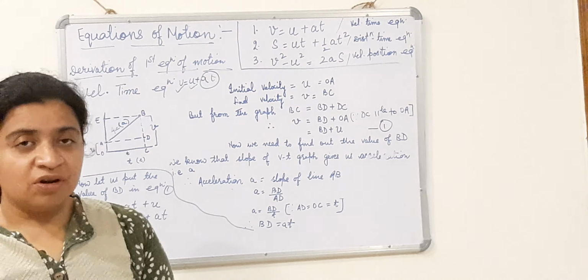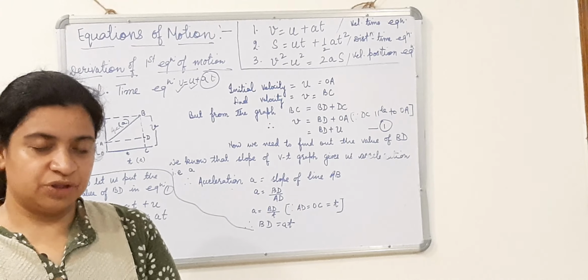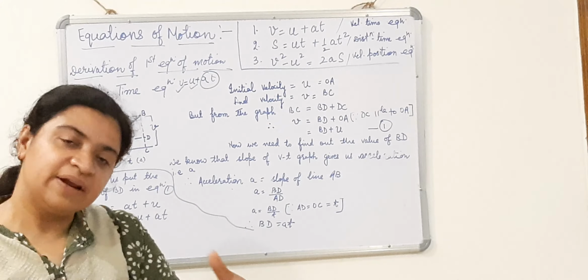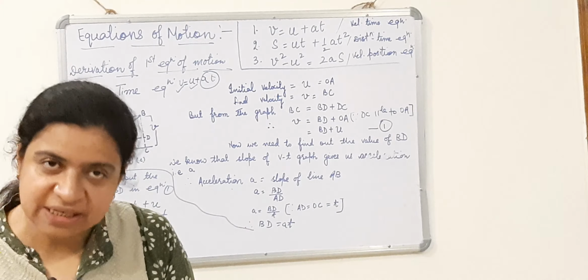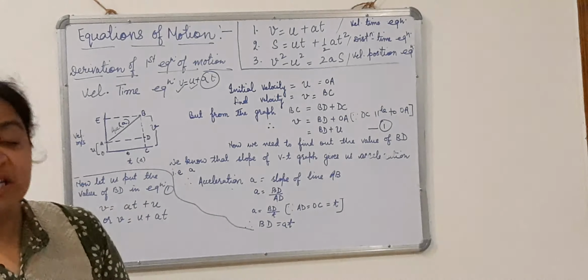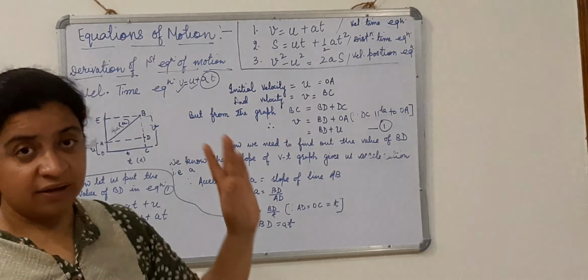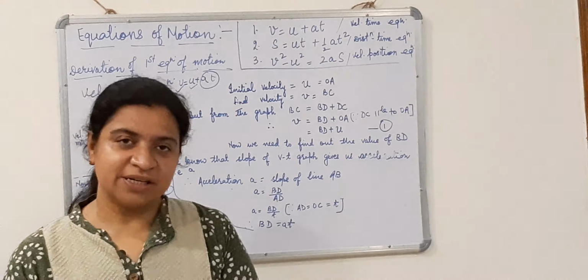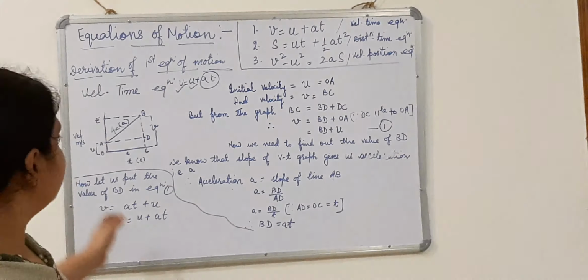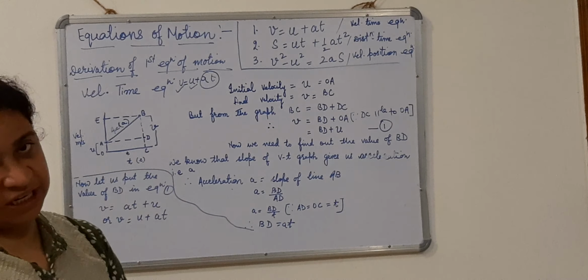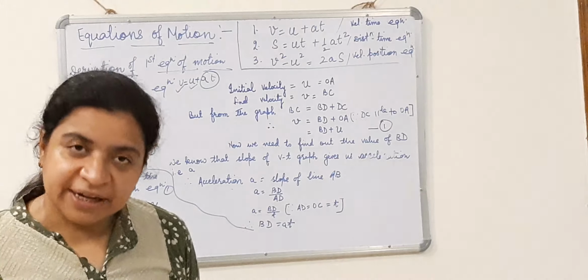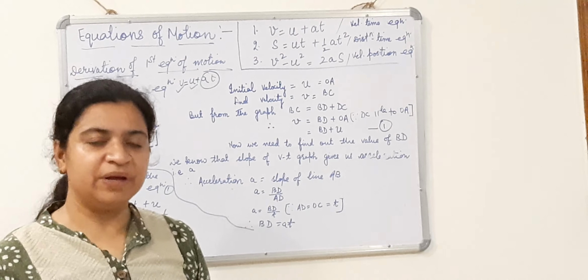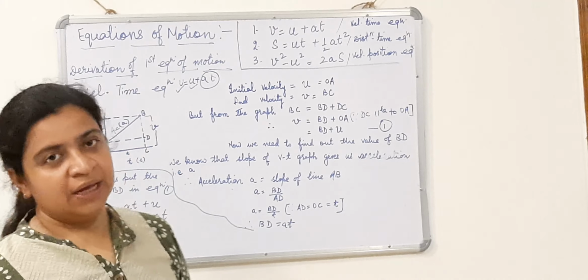Children, first of all, to derive the equation of motion, you have to write a statement. For all the three equations, you will use the same statement. What is that statement? I have not written it here, but I am explaining. You have to write: suppose an object is moving with a certain initial velocity at point A. Then its velocity changes from A to B in time t.